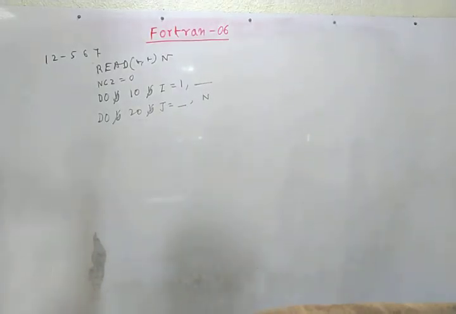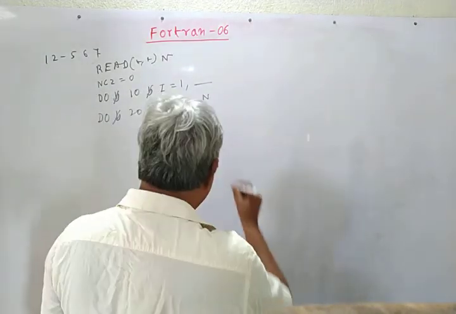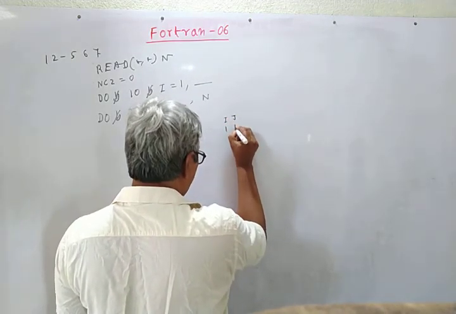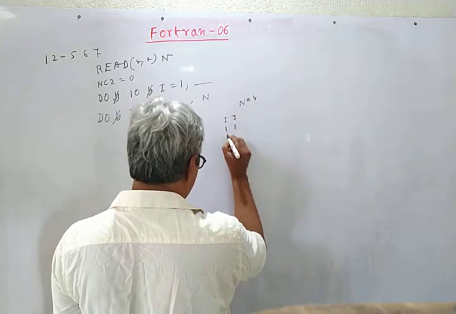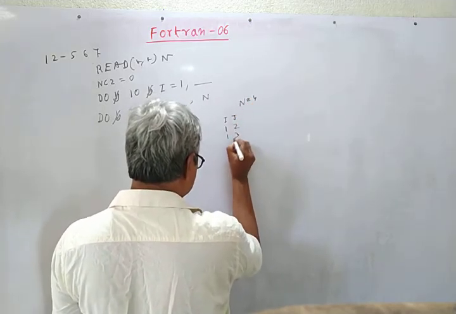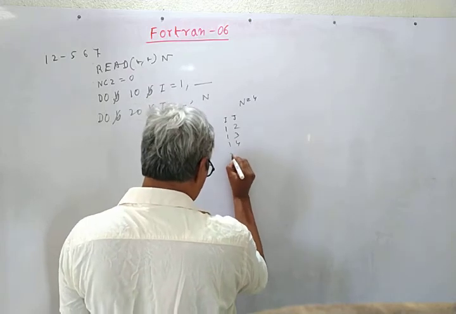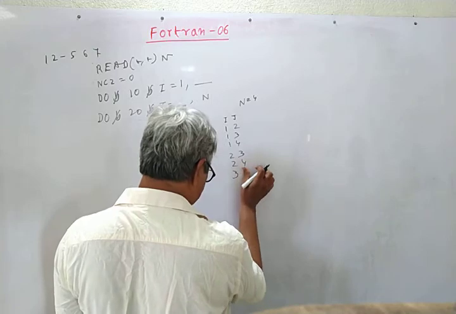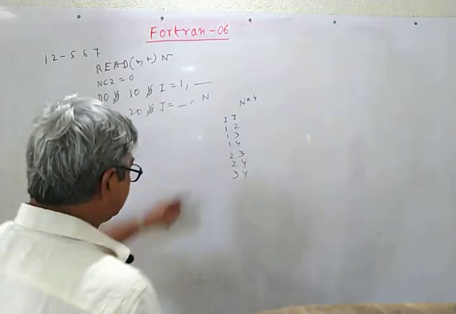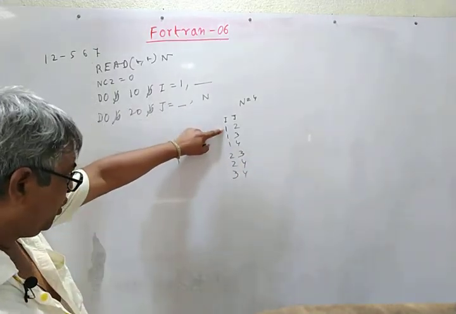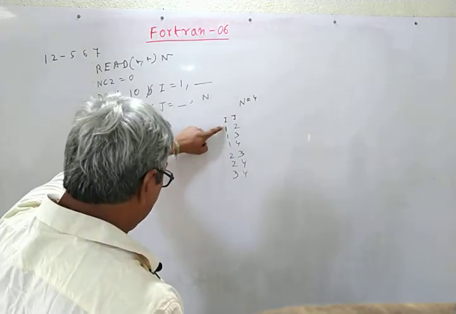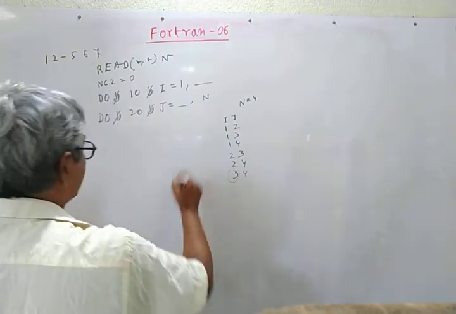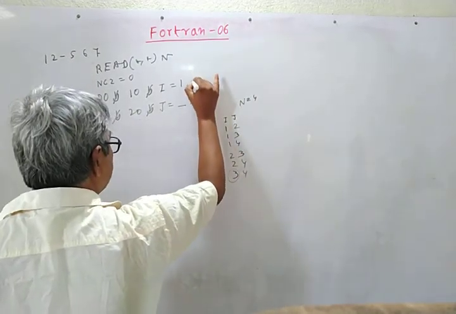As in the example I have taken, you note that the ij values were like this: with n equal to say 4, 1 2, 1 3, 1 4, then 2 3, 2 4, 3 4. These are the loops. So this i loop, i runs from 1 to this 3, which is n minus 1. So I write it as n minus 1.